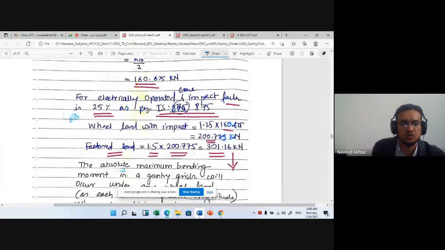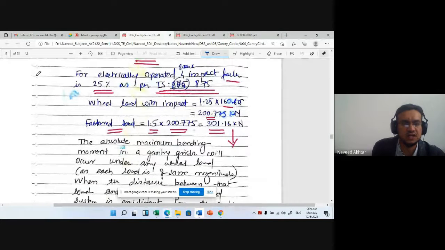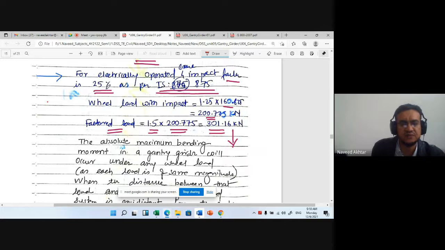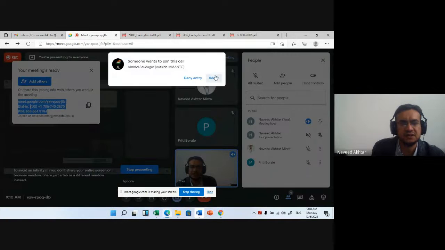Then you have to add for the impact loading, and we have added the impact loading here. So 25% in case of an electrically operated crane.